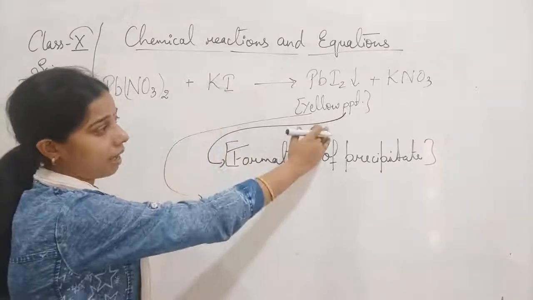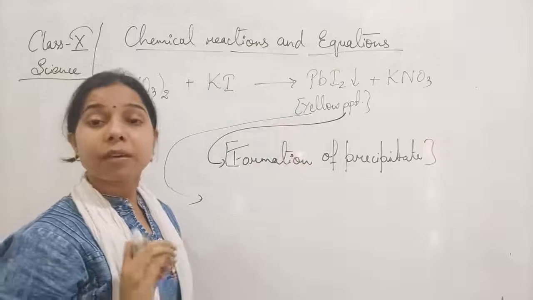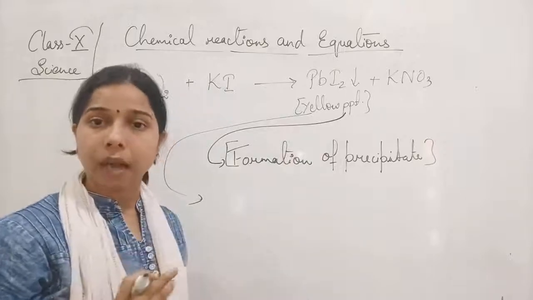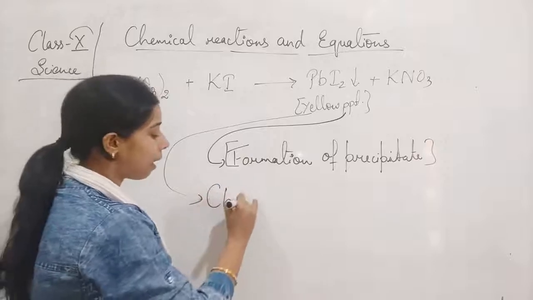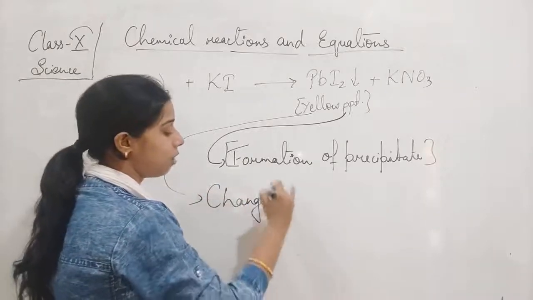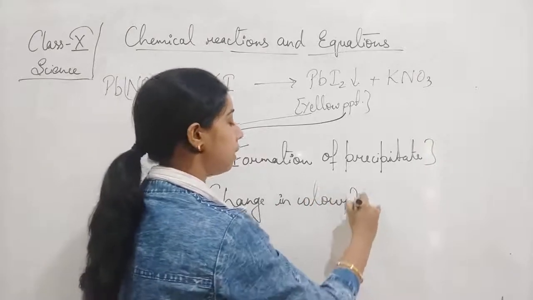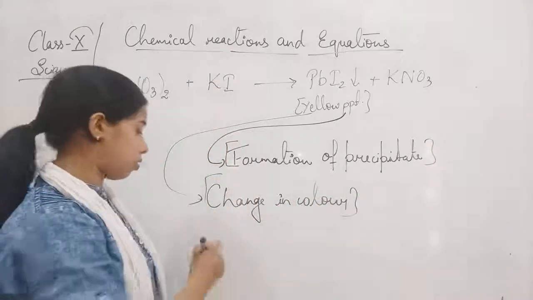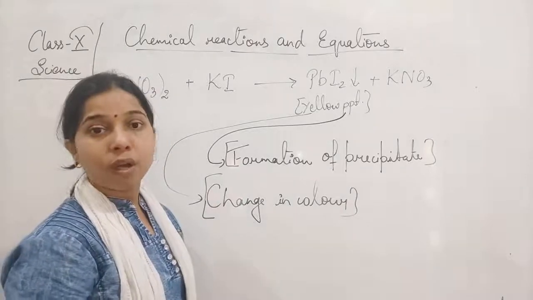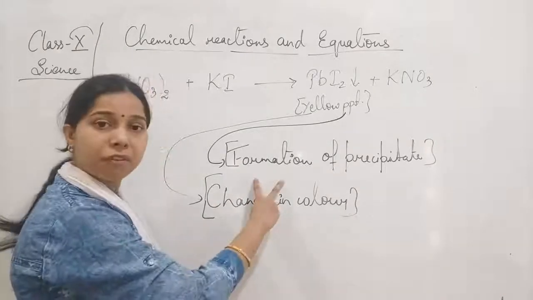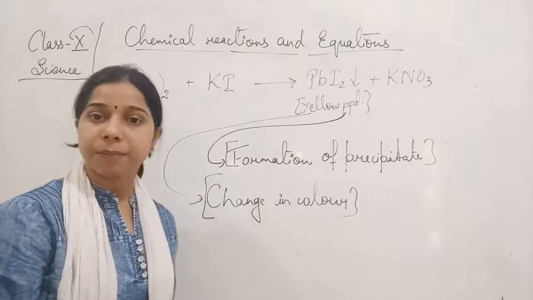But after the formation of the product, a colored precipitate is formed. So this is also an example of a change in color characteristic. So in this reaction, two types of characteristics are shown. The first is the formation of a precipitate, and the second is the change in color.